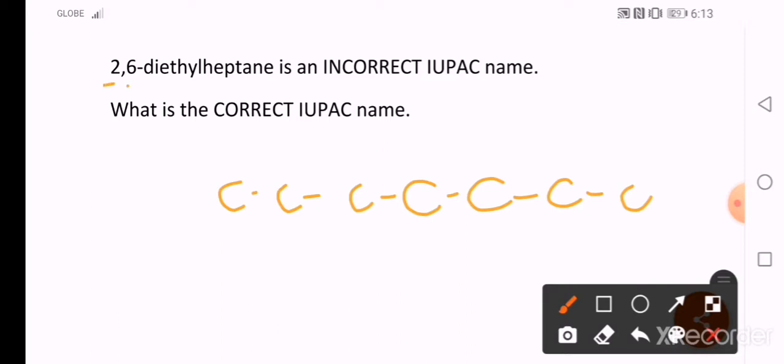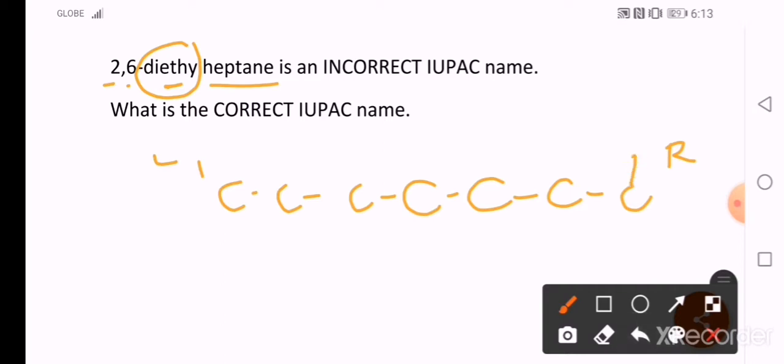And on the second and sixth of that heptane, meron tayong substituent alkyl na diethyl. Remember, ethyl means 2 carbon atoms. Dalawang ethyl group. So if I am numbering this from left to right, this is my carbon 1 and this would be carbon number 7.